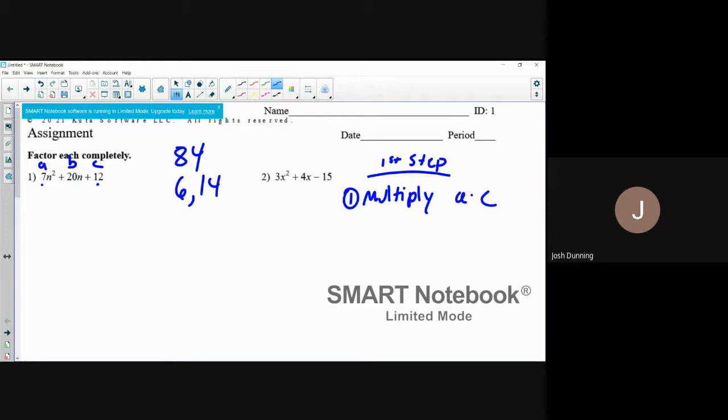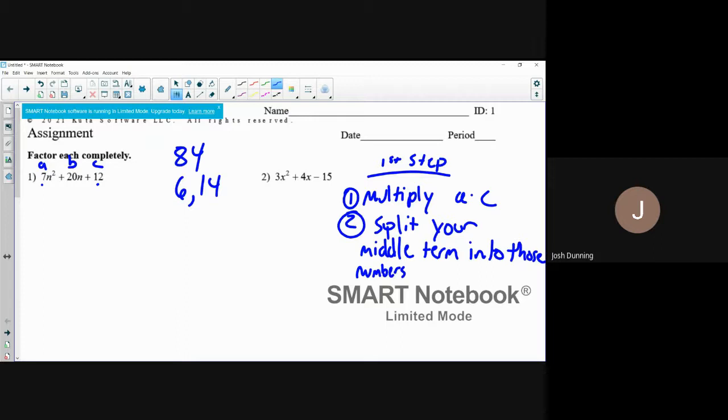Now, what you want to do, once you find those numbers, split your middle term into those numbers with the variable.